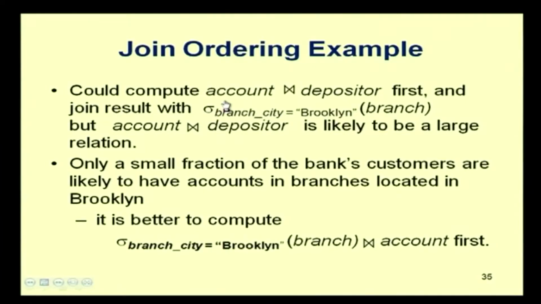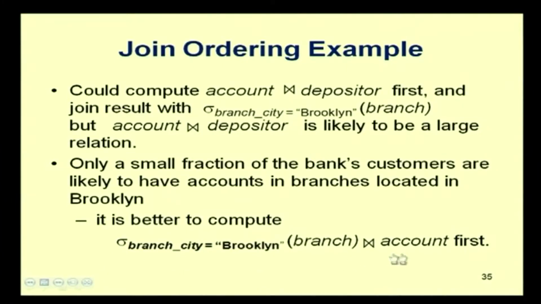We could compute account join depositor first and join the result with branch city is equal to Brooklyn branch, but account join depositor is likely to be a large relation. Only a small fraction of the bank customers are likely to have accounts in branches located in Brooklyn. So, it is better to compute branch city is equal to Brooklyn branch first and then join account with it.